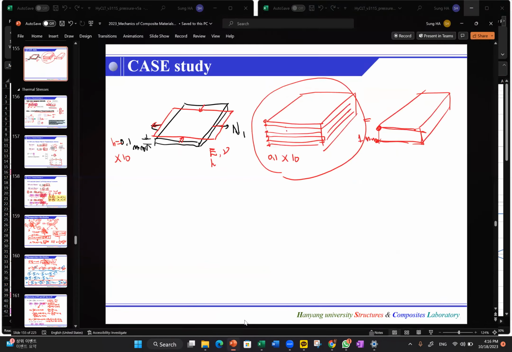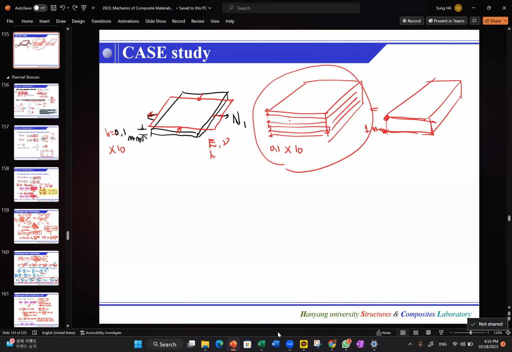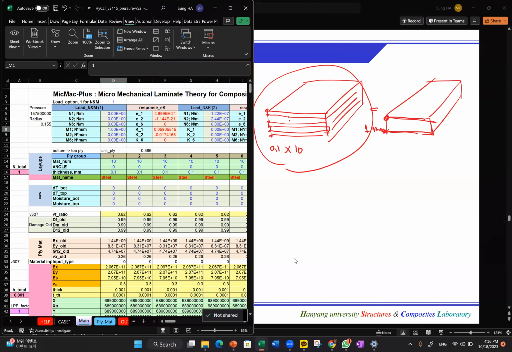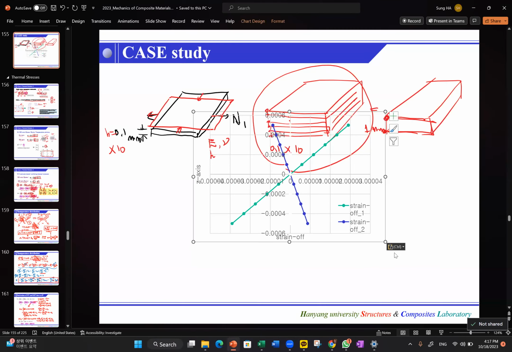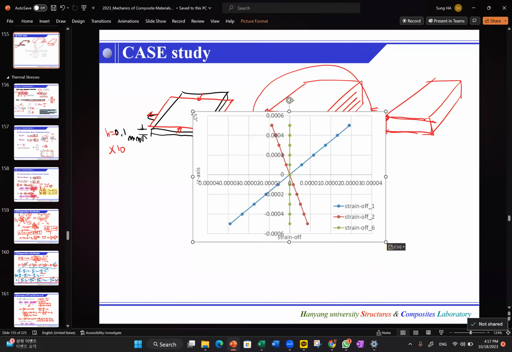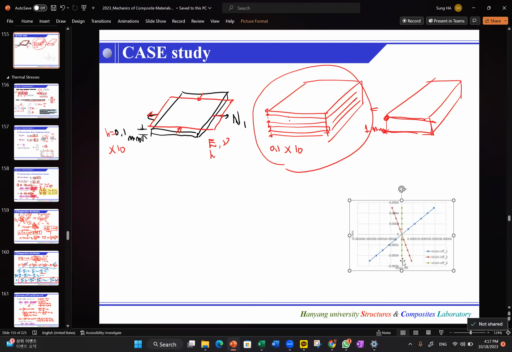I will get back to these representations. Why we have this much strain. So this is case 1, and this is case 2.